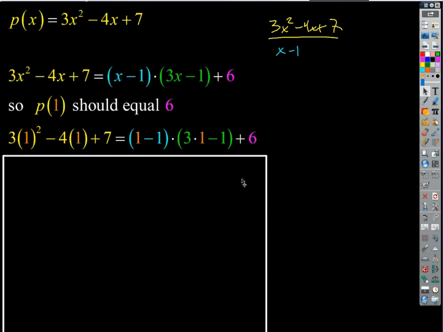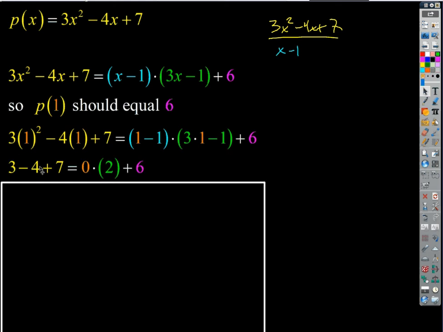If I plug in 1, what am I going to get? On the left side, I'm going to get 3 times 1 squared is 3, minus 4, plus 7. What about the right side of the equation? If I plug in 1 for x, I get 1 minus 1 times 3 times 1 minus 1. Well, what's 1 minus 1? 0, right?